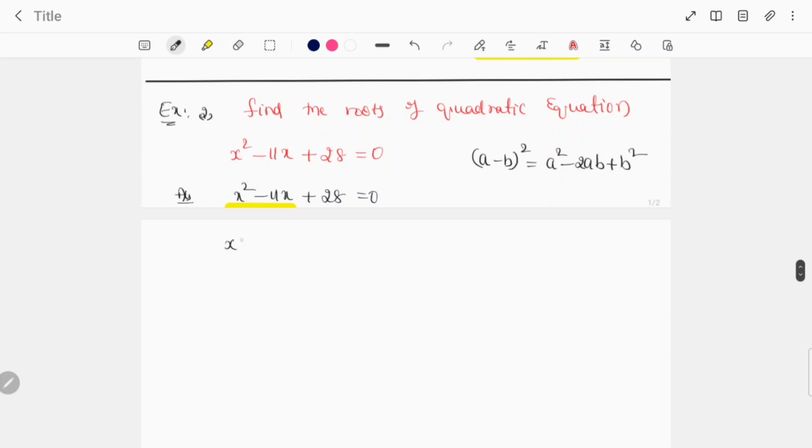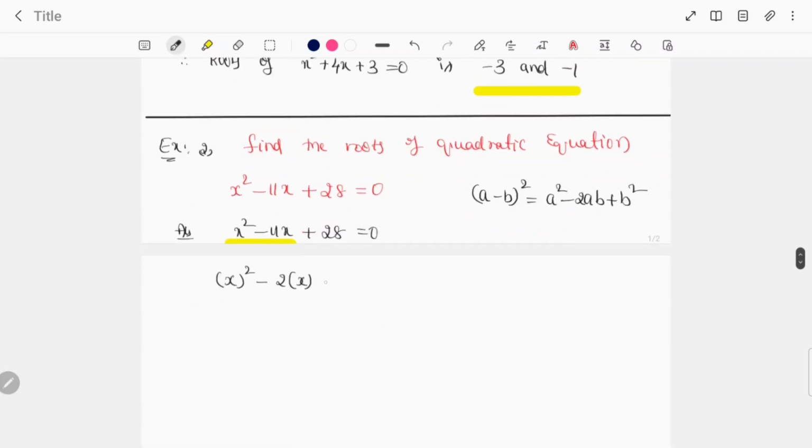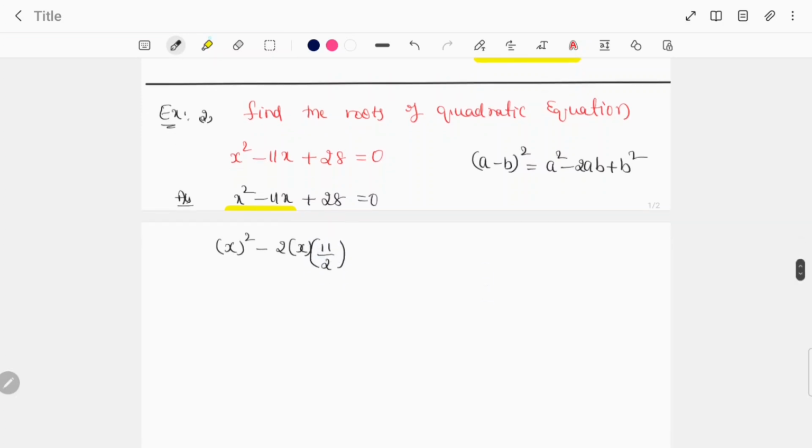So I am writing x square minus 2 times a, which is x, times b, which is 11 by 2. Then the 2 and this 2 will cancel, and the remaining term will be 11x. If we don't take the 2 now, it will become 22x, which is not there in the question. Hope you understand, children.